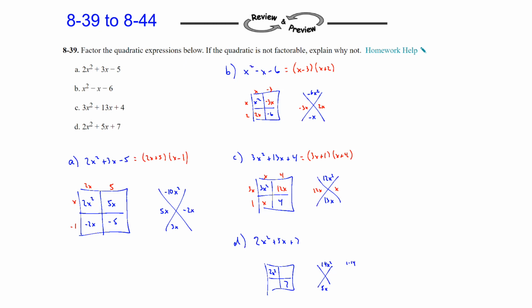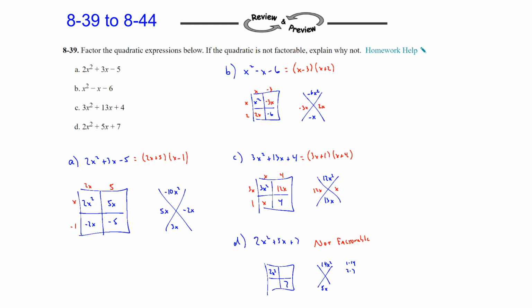That's not going to work. And 2 and 7 would give you 9. So it looks like this one is not factorable, because there's no product of 14 and sum of 5. So, not factorable. Which also means this is a prime quadratic, because the only factors are 1 and itself.